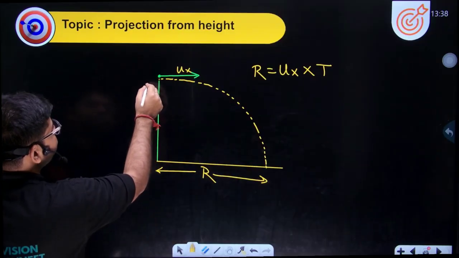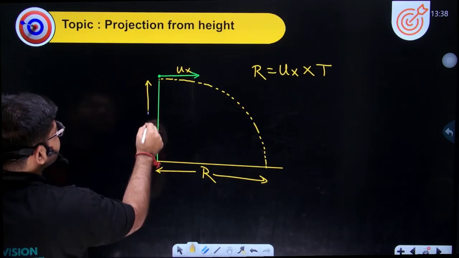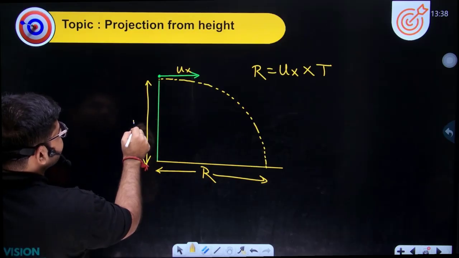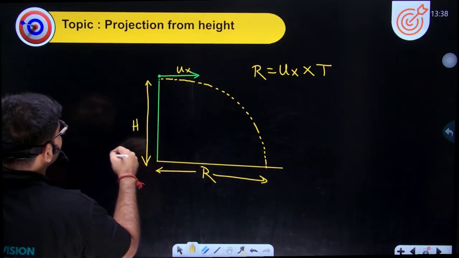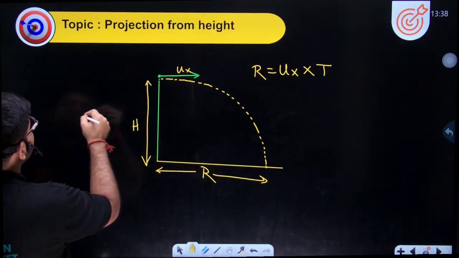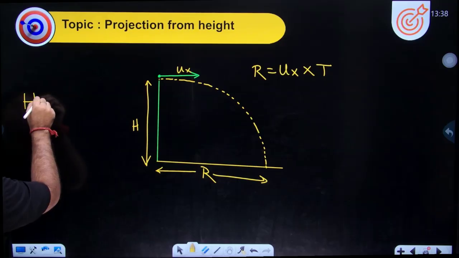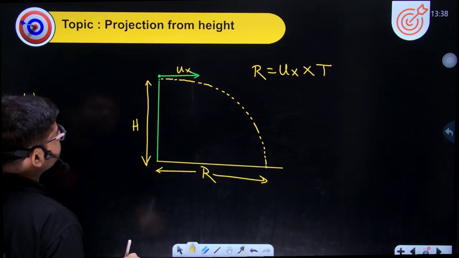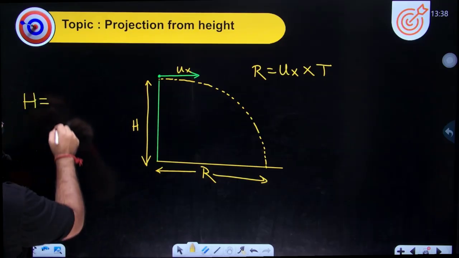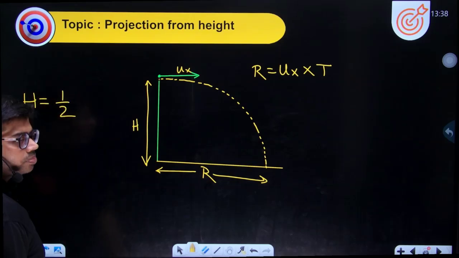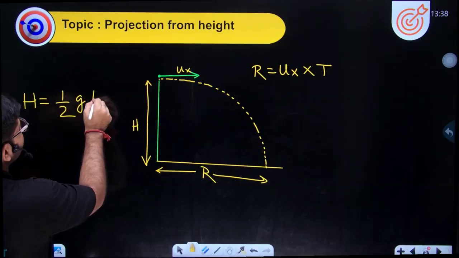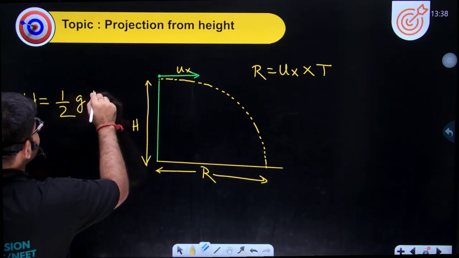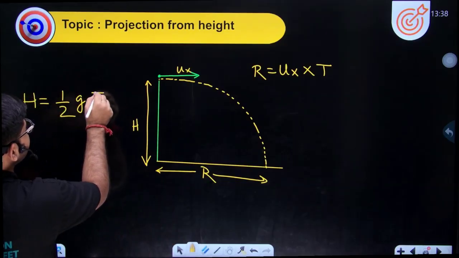If you know that this is the height h, then h is equal to ut plus half gt square. Here h is the distance covered, so h is equal to uy into t plus half gt square. Uy is 0, so ut is 0 and h equals half g into t square, where t is the time of flight.